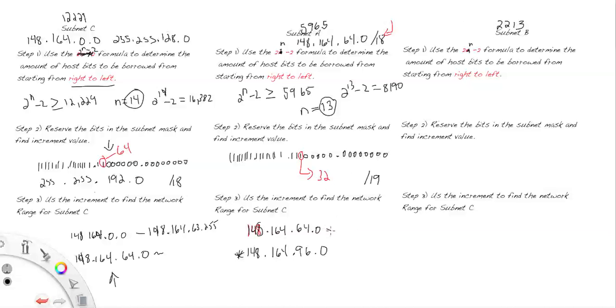And so this range goes all the way to 148.164.95.255. Okay, so we have our next range.